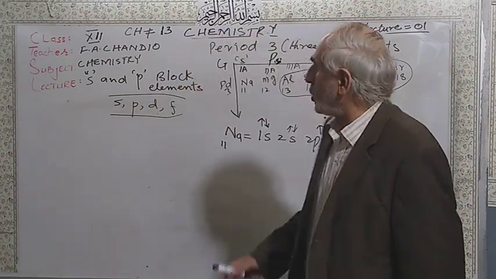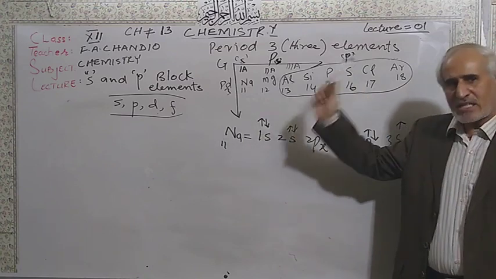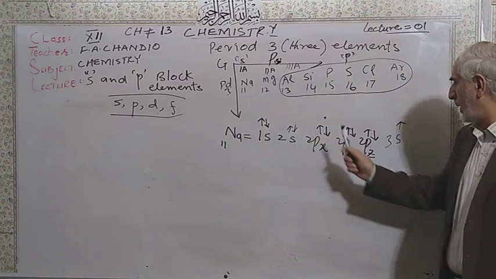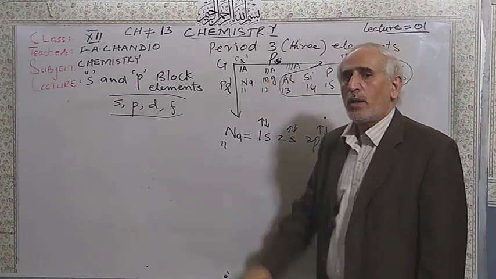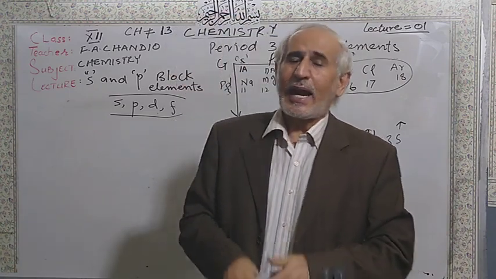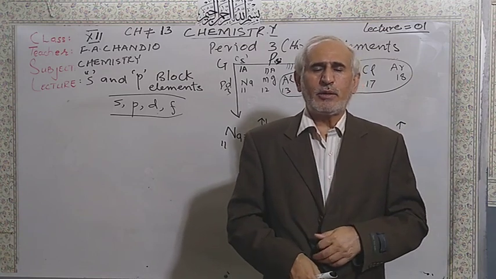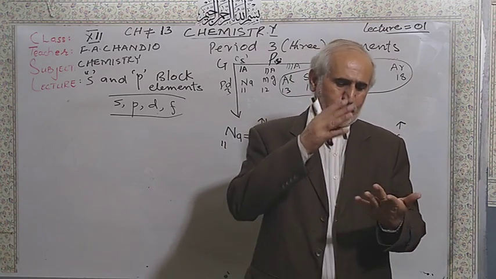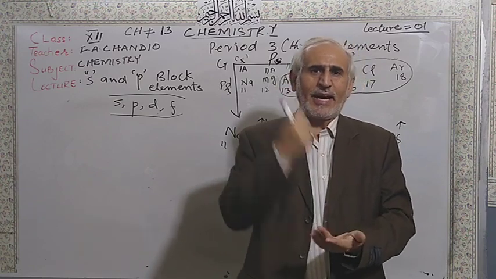So sodium is present in s block, period number 3, with the 1 electron, so group number 1. So we can identify the position of sodium in the periodic table. It is present in group number 1, period number 3, and this is the s block.